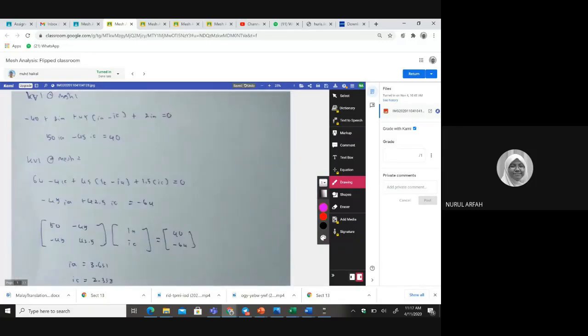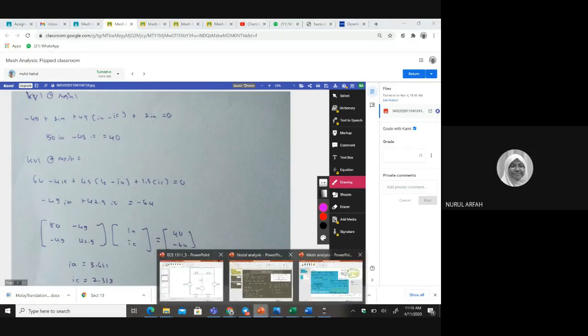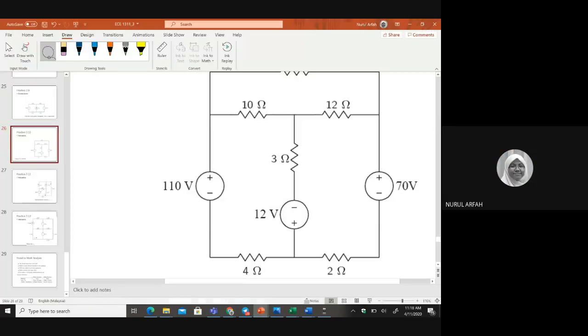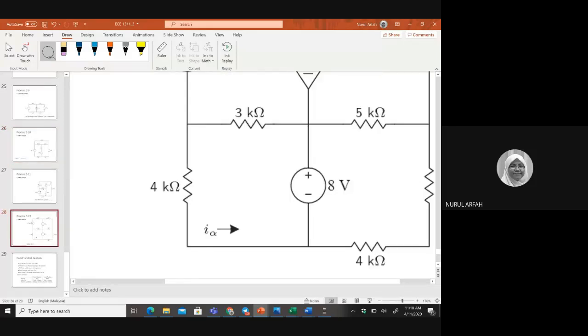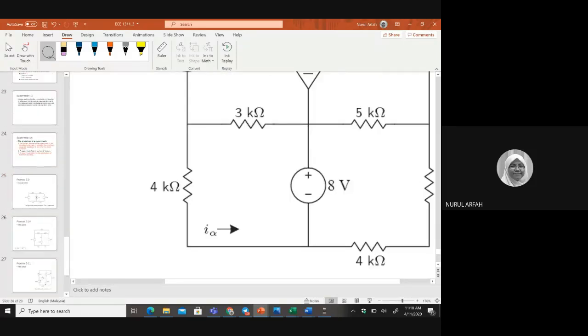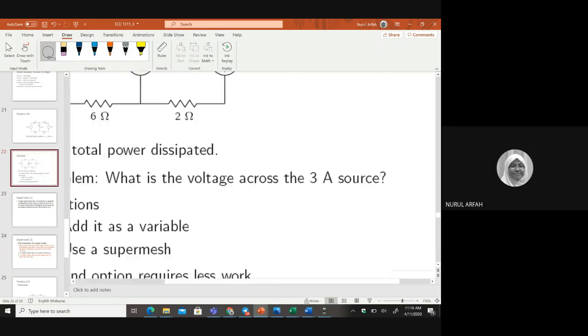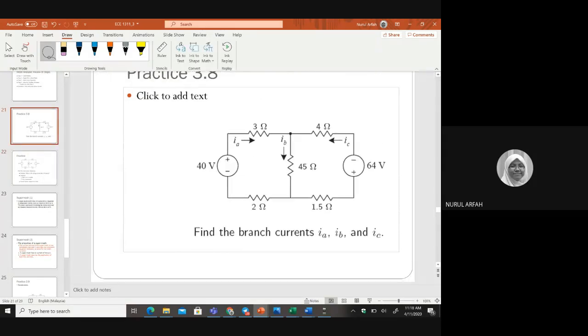Saya tak tahu macam mana nak check ni. This one for question number? Haikal, where are you? Negative 14. Oh, Haikal. 3.8, madam. 3.8. Okay. All right. This part.